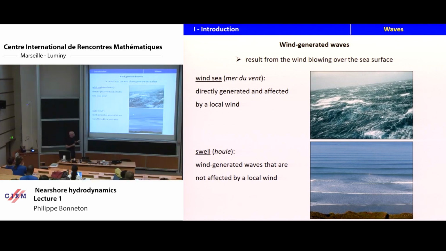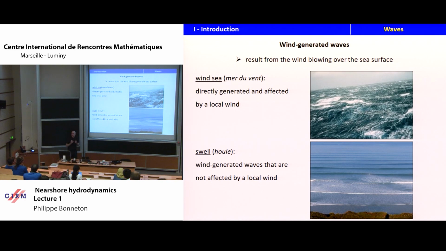In fact, during a storm, there is, as I already said, a broadband spectrum. And due to dispersive effect, I will come back to what is a dispersive effect for wind waves. Due to dispersive effect, waves with large wavelengths propagate much faster than waves with smaller wavelengths.